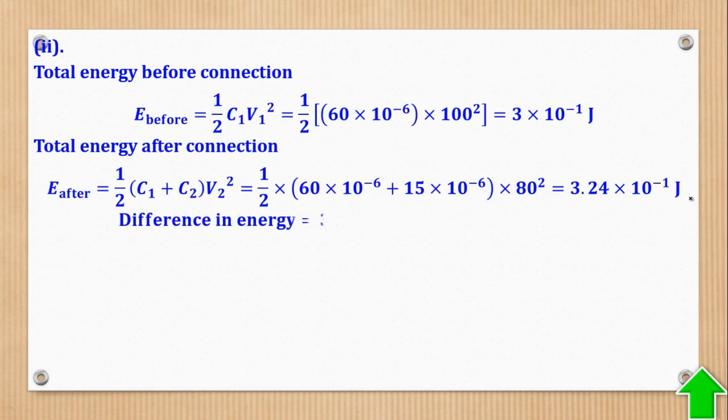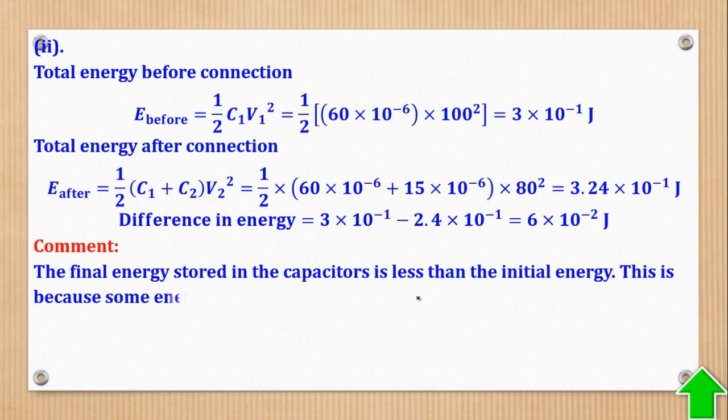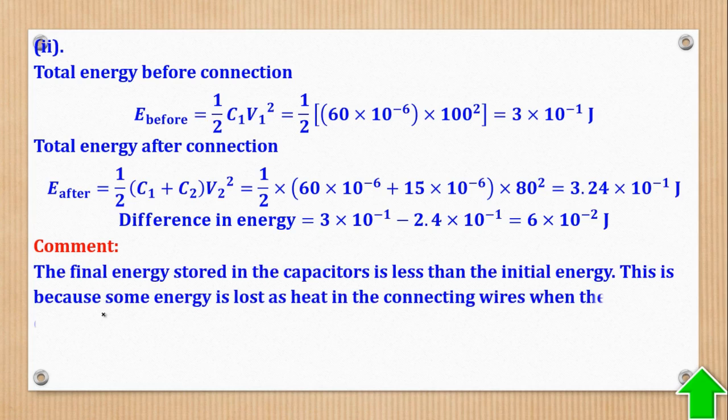Then the difference will be that, subtract to give you that. Then also comment. So comment will always be the same. Final energy stored is less than the initial energy, and this is because some energy is lost as heat in the connecting wires when the capacitors are joined.